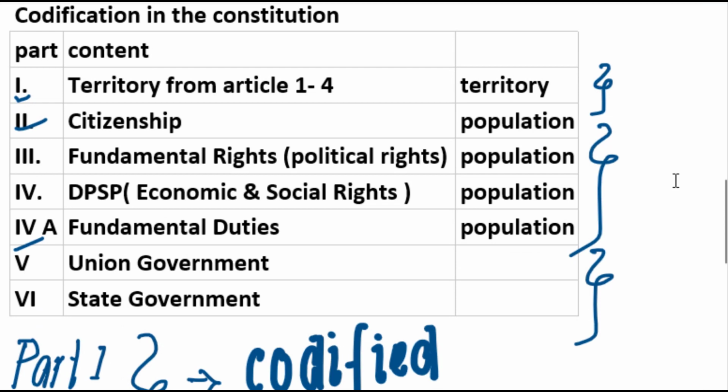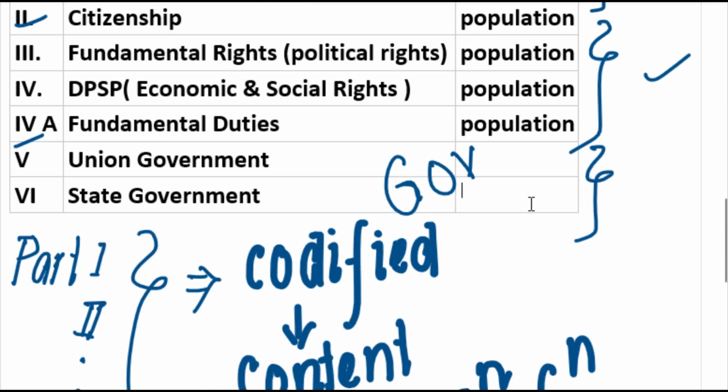Having looked at the first part, we understood that the first part talks about the territory. Then the next of the parts, starting from part 2 all the way down to part 4, discusses the population. And if this arrangement was to be systematized, if it was logical, then the next in the discussion should have been the government, and which is what the next of the parts of the Constitution were discussing, the government, and so on.